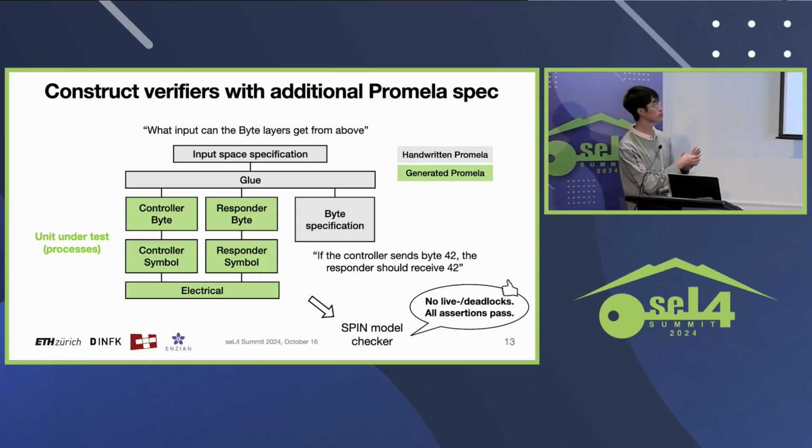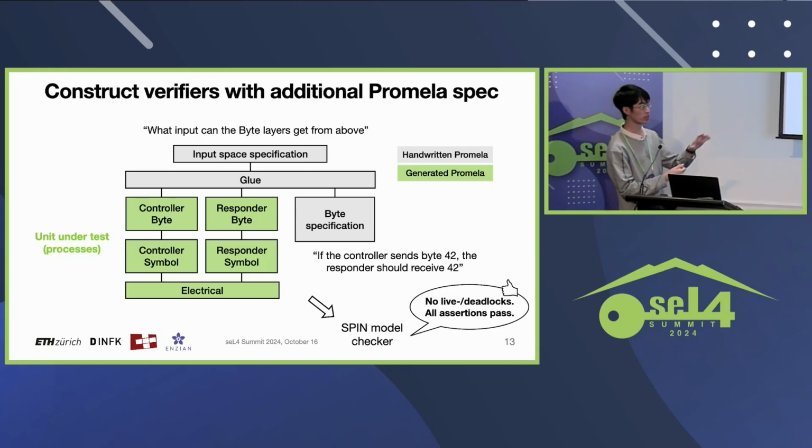There we still have some additional Promela code to be written. Here we show a unit under test that is the byte layer and below, for one controller and one responder configuration. On the top, we need to write an input space specification, which says what input the byte layer can get from above.